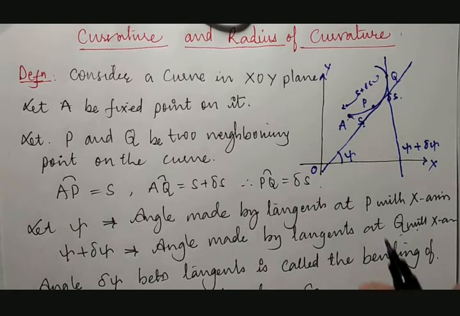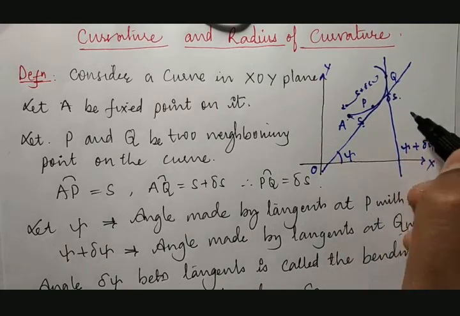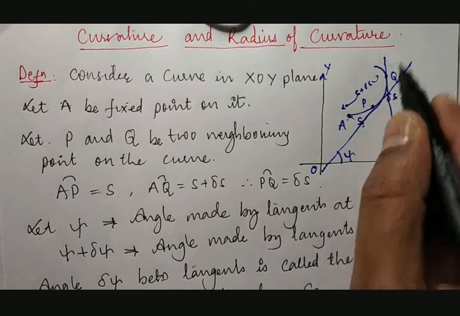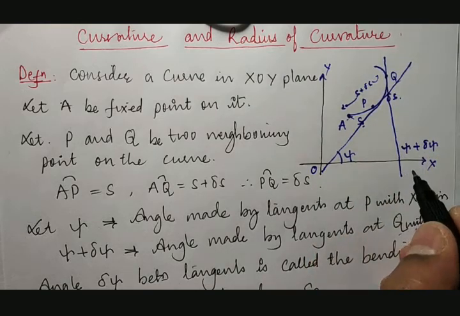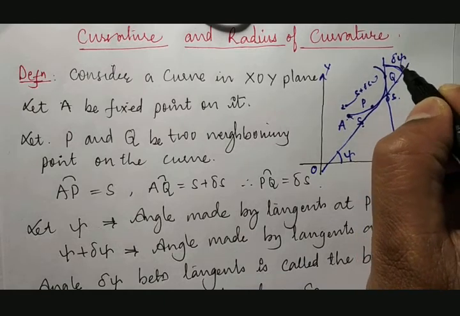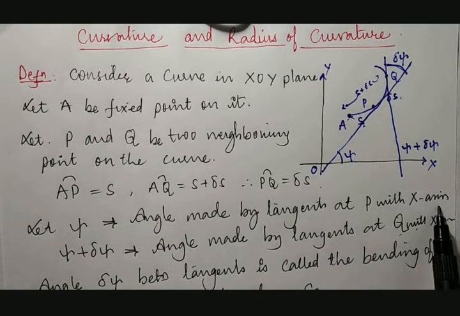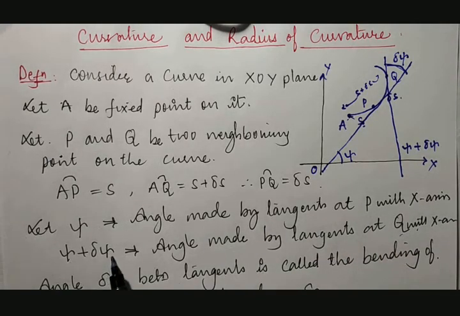Then what happens? The angle between these two, because this is psi and this is psi plus delta psi, whatever angle we got, that is called delta psi. So psi is the angle made by the tangent at a point P with the initial line, and psi plus delta psi is the angle made by the tangent at Q with the initial line.